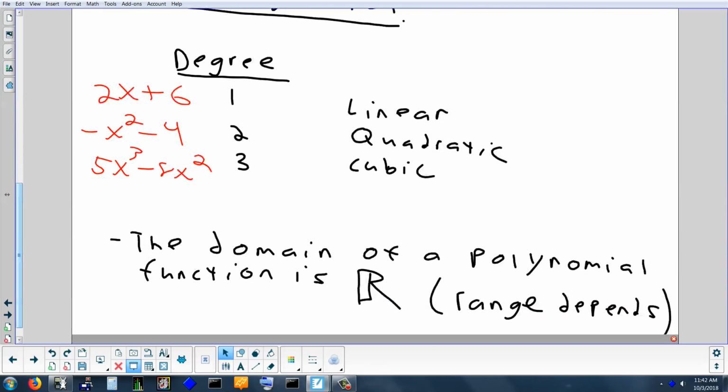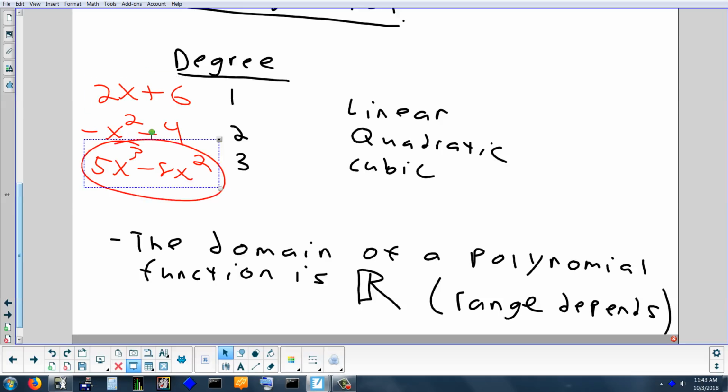Okay. And this is what I told you earlier. The domain of a polynomial is all real numbers. Looking at 2x plus 6, you can take any number you want and double it and add 6. There's no number you're not allowed to double. Let's look at this one. You have to cube a number, multiply it by 5, and then square the number, multiply it by 8.